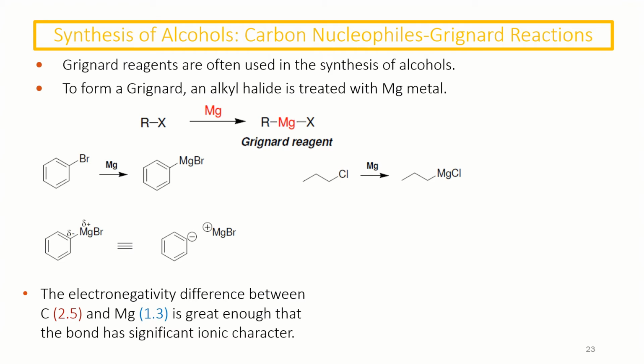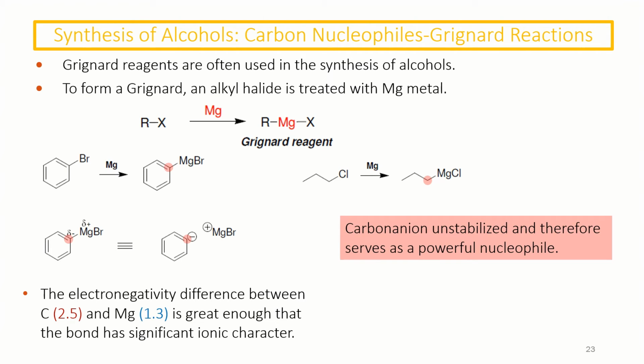We can then talk about Grignard reagents, and this is terribly important to us because that's organic synthesis. And we start off with an alkyl halide. This alkyl halide will react under anaerobic conditions with magnesium to give us the Grignard reagent. Look carefully because the Grignard reagent has a carbanion, which is, of course, unstabilized, and therefore it serves as a very powerful nucleophile.